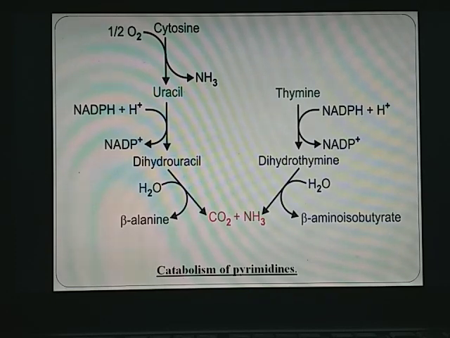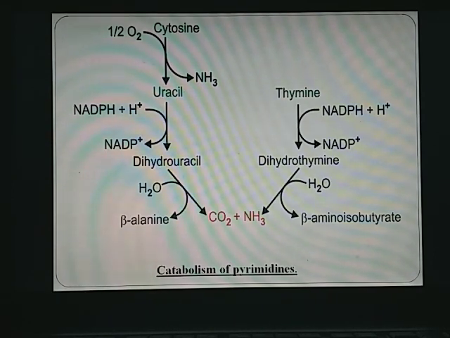In the same way, thymine is reduced to form dihydrothymine, and dihydrothymine is oxidized to form carbon dioxide, ammonia and beta amino isobutyric acid. So at the end of catabolism of pyrimidines, there are four important products formed. They are beta-alanine, carbon dioxide, ammonia and beta amino isobutyric acid.